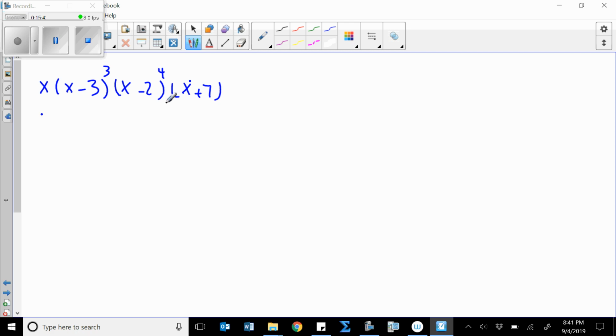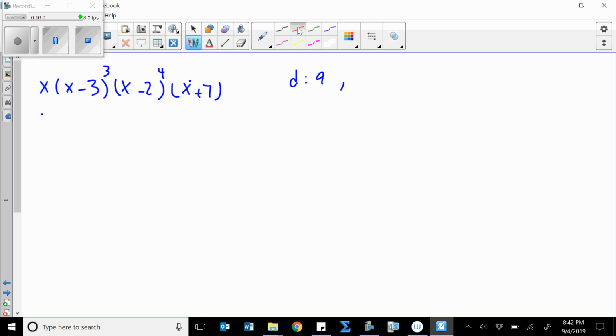So in order to find the end behavior of this polynomial, we need to find the degree and the leading coefficient. The degree of this polynomial is 9. Why is it 9?